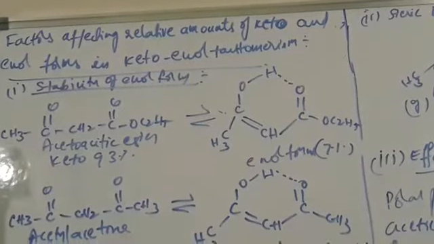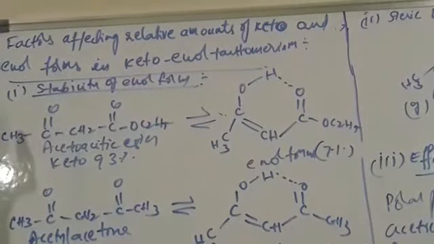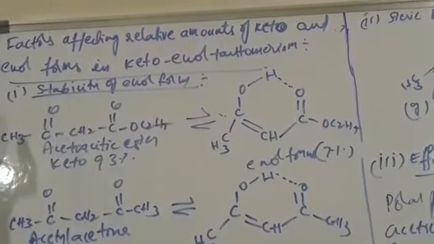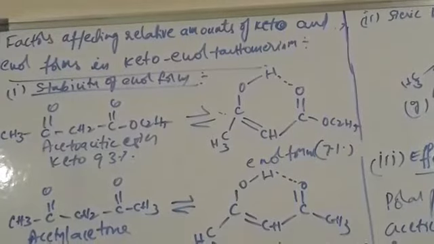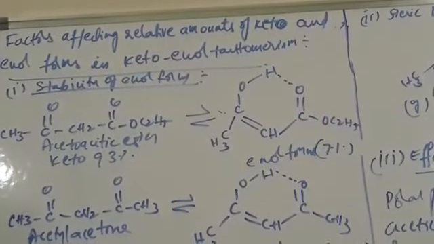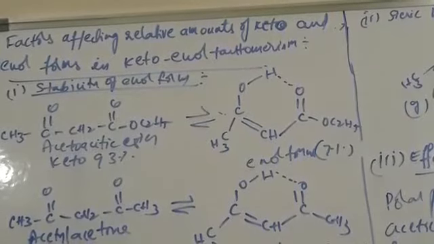Why? Because in the keto form, the C double bond O group is there, and its bond energy is more than that of the carbon-carbon double bond, which is present in the enol form.